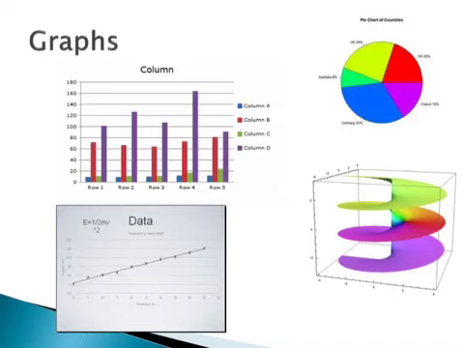Now in math class, you've probably seen multiple graphs that you could use. You're probably familiar with a bar graph, pie charts. Those graphs are fine, but really when we're looking at data, we want to really see a relationship that's more of a mathematical nature. So what we are really going to look at in terms of graphs is an XY scatter plot, or when we're actually graphing points.